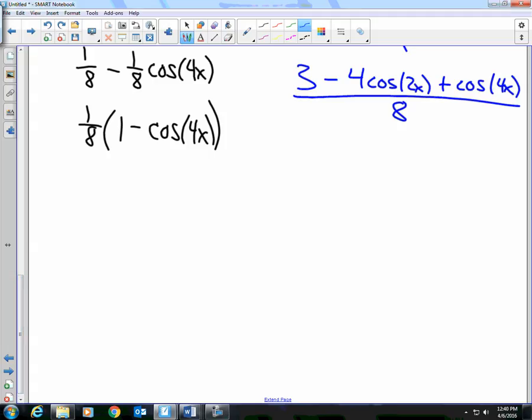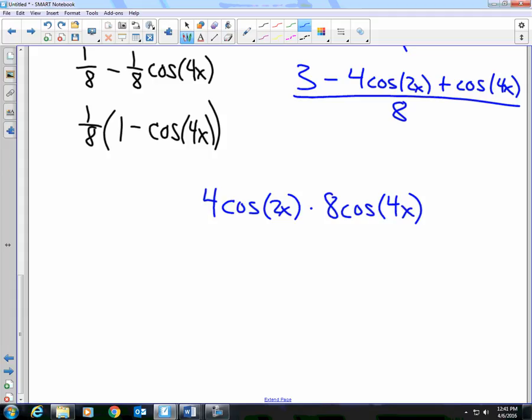Just to be clear, in your assignment, at some point in your assignment, you might end up with this situation. You might end up with, say, 4 cosine of 2x times 8 cosine of 4x. It just might work out that way. And I just want to be clear that if the angles aren't the same, you can't combine them.